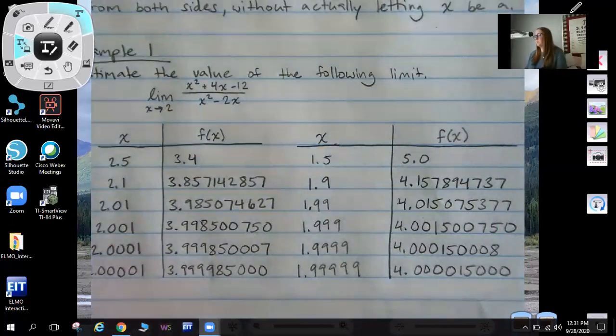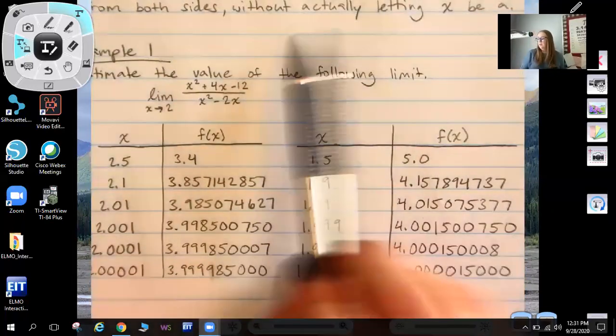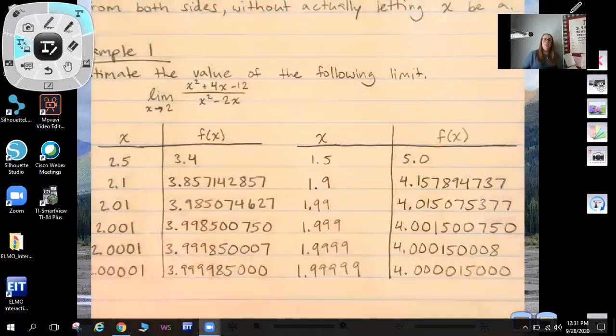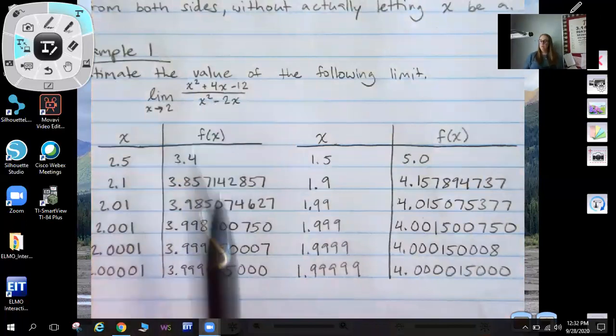Okay, another thing to note is in our definition, we said we don't want to actually let x be a. So we don't want to actually plug 2 into this function. We just want to plug in numbers that get closer and closer to 2.